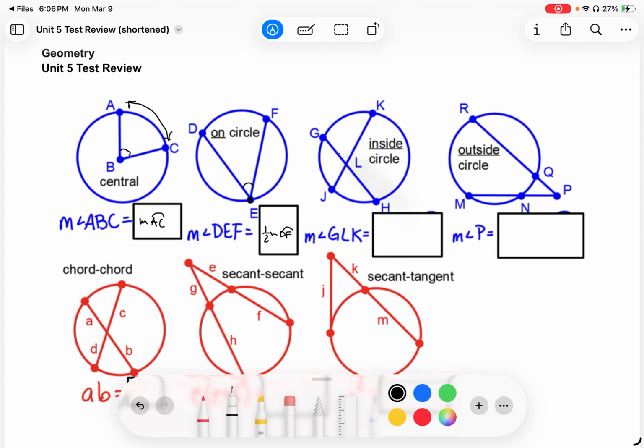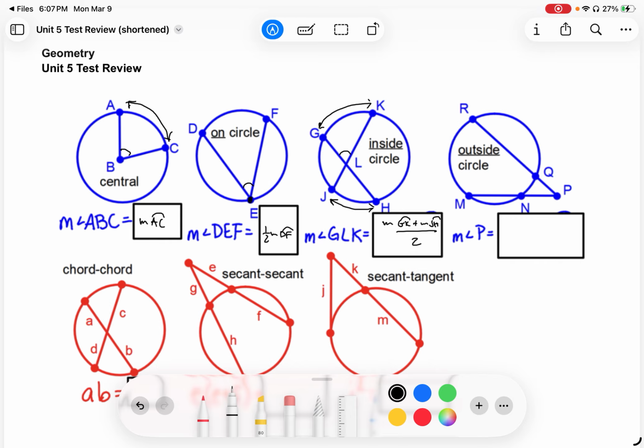GLK, so this angle right here, it's inside, there's a rule that says that it is equal to the average of these two arcs. If we add them up and divide by 2, we get that angle. So the measure of arc GK plus the measure of arc JH, divided by 2. That gives us the average of those two.